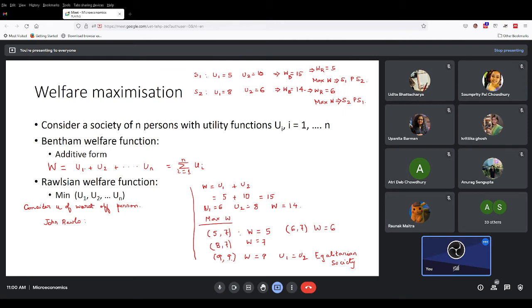Now you can think of it in this way, that welfare is, I'm taking two individuals just for convenience, a weighted average of the utilities.